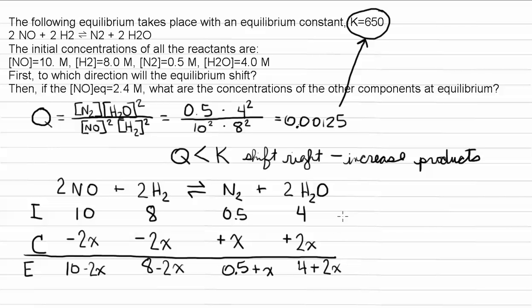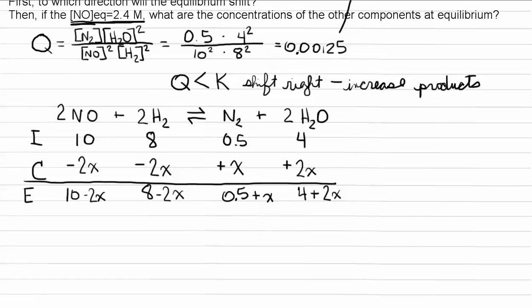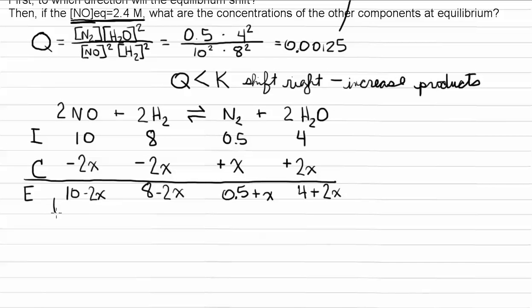Okay? Now the next piece of data, before we go solving for x and worrying about what assumptions we're going to make and so forth, keep in mind that we know this piece of information. The NO concentration at equilibrium is 2.4 molar. So that means at equilibrium, this expression here is equal to 2.4. So we can set up an equation, 10 minus 2x equals 2.4.